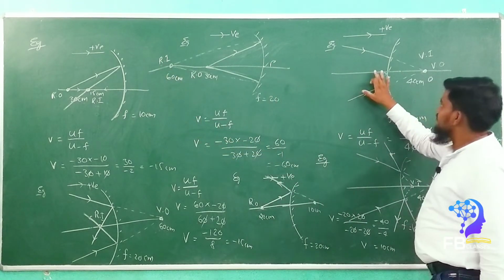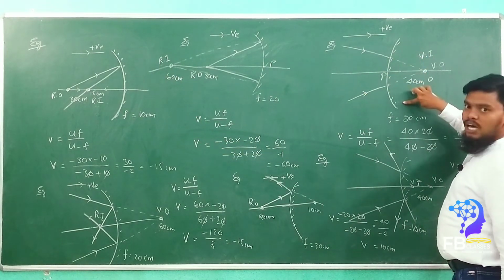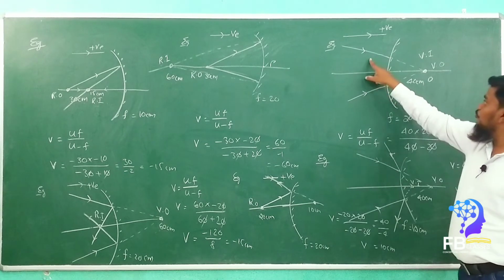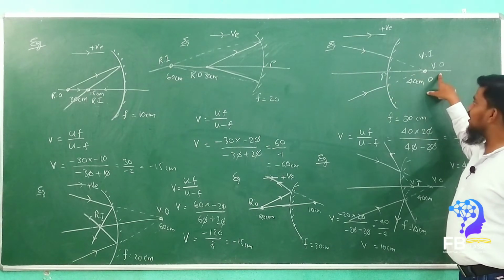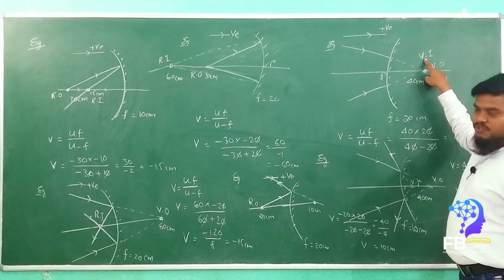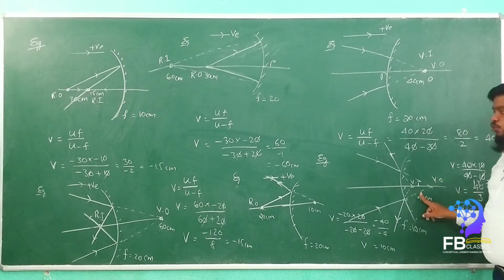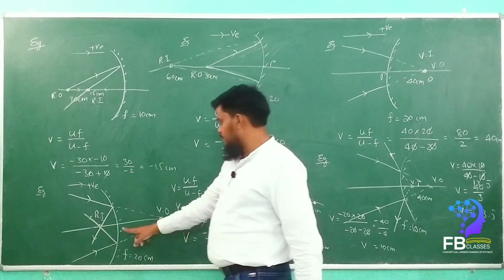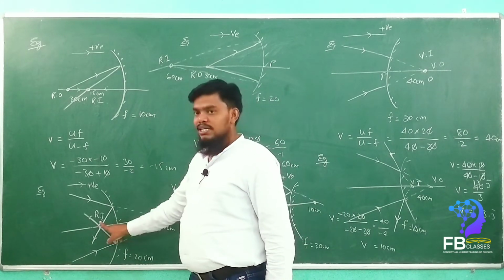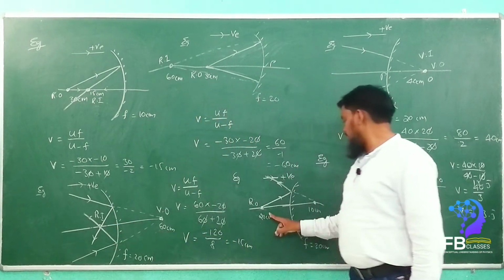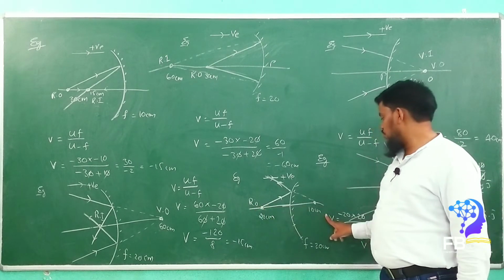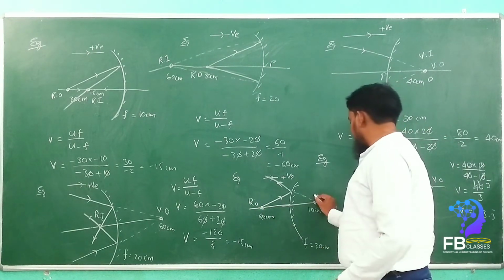Third example, we took a convex mirror, virtual object. What image is formed here? Virtual image is formed. Here also virtual object, virtual image. Here, virtual object, real image. Here, real object, virtual image.